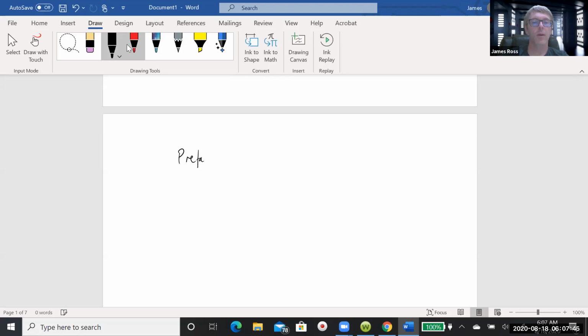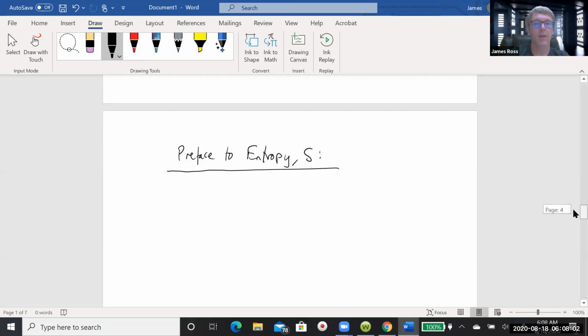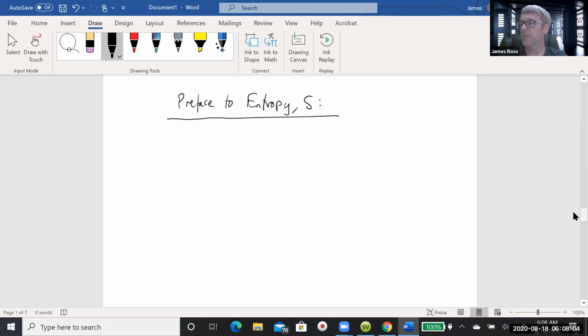So preface to entropy. We're not going to look at entropy proper, but I've mentioned it, I need to give you a feel for what entropy is. It's heavily linked with the arrow of time. So let's have a quick look. The laws of physics don't have a preferred direction for small samples.